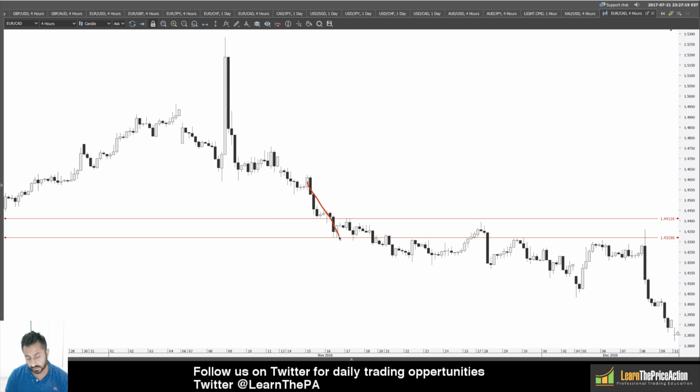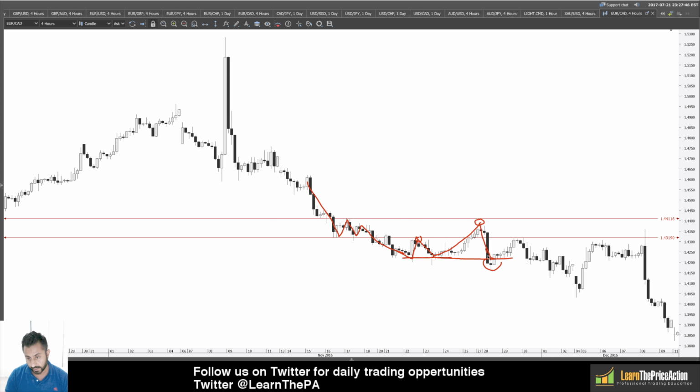So this, and then we have this, and then market held below this, bounced here, came back right here, which is still below this line, came down to this area.